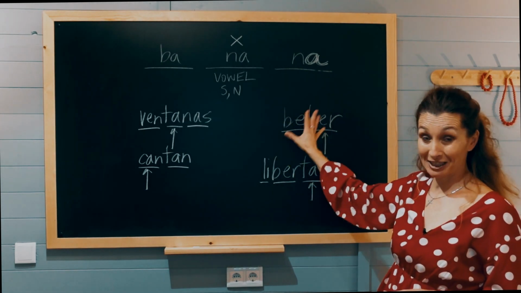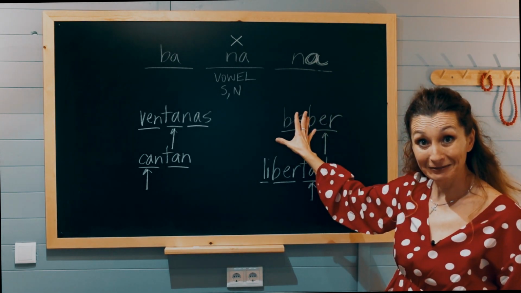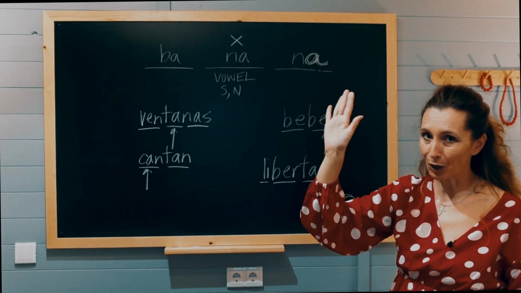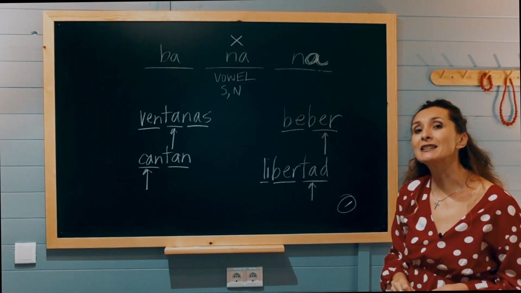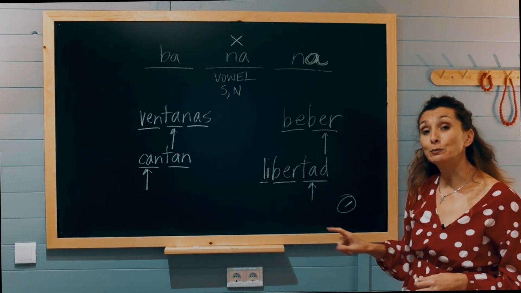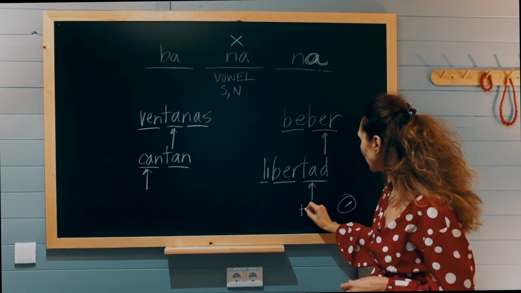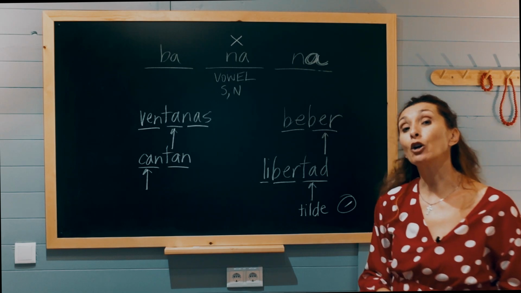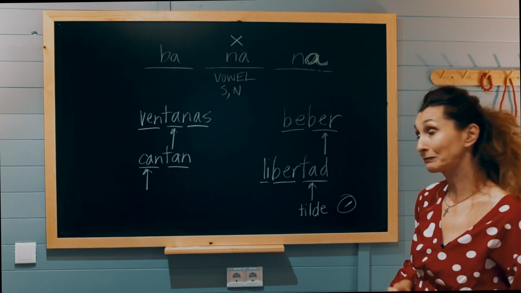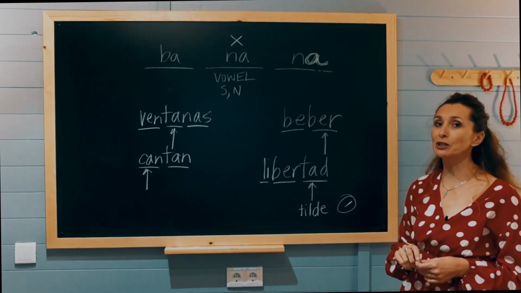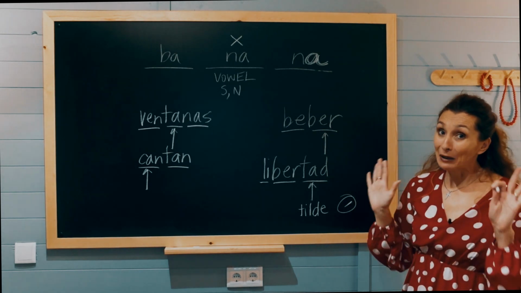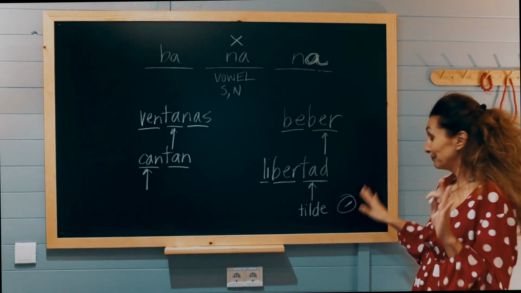Whenever this rule that I've just explained is broken, you need to say, mea culpa, my mistake, I broke the rule, and you put this tilde, this accent mark, on the syllable where the accent is, okay? A few examples where the rule is broken and where we need to admit it and say, oops, broke the rule, here's the tilde.